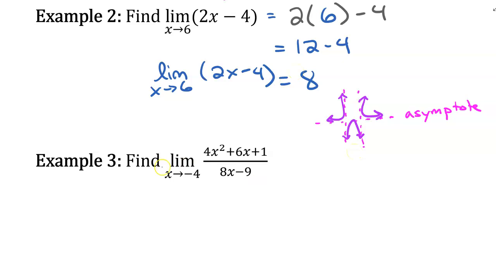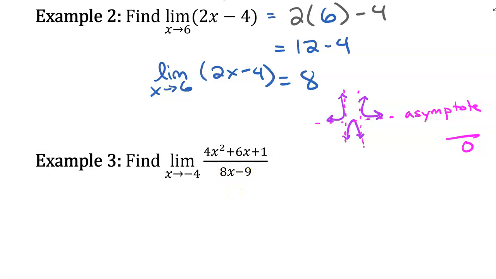So since we are focusing here on as x approaches -4, well, we have an asymptote at x equals -4. Well, the asymptotes we really care about are the ones that have 0 in the denominator, right? Those are the ones we really care about. So if that is the case, then my denominator would be 0.